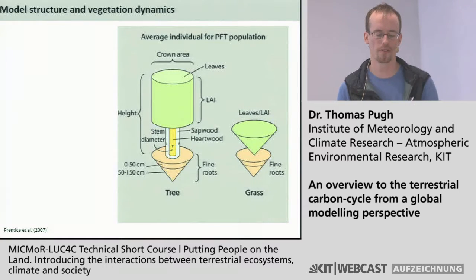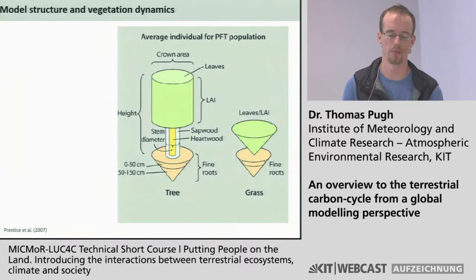But nearly all of the models that we use at the global scale have some set of allometric rules that decide, if that carbon is coming into vegetation, to which part of the vegetation does it go? Does it go to the roots? Does it go to the wood? Does it go to the leaves? And this has obviously huge implications for the carbon, because it changes the typical lifetime of that carbon within the system. The lifetime of carbon in leaves is much shorter than the lifetime of carbon in wood.